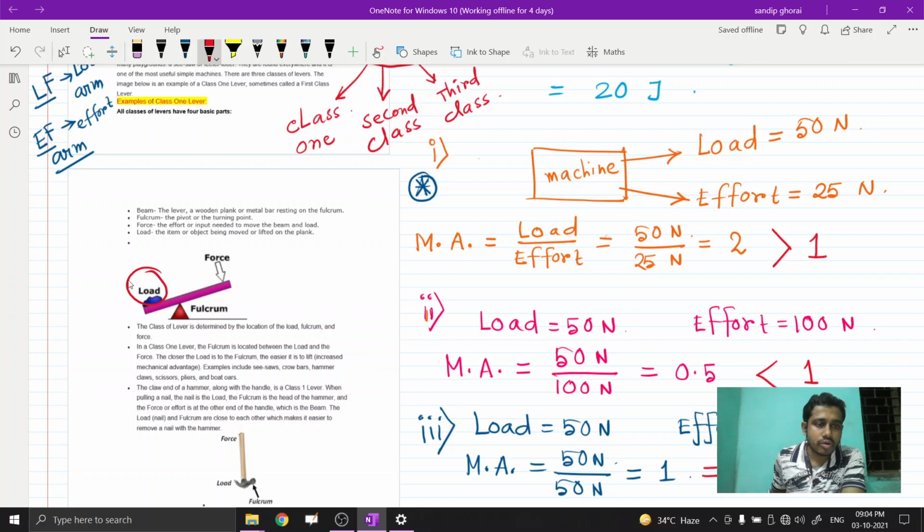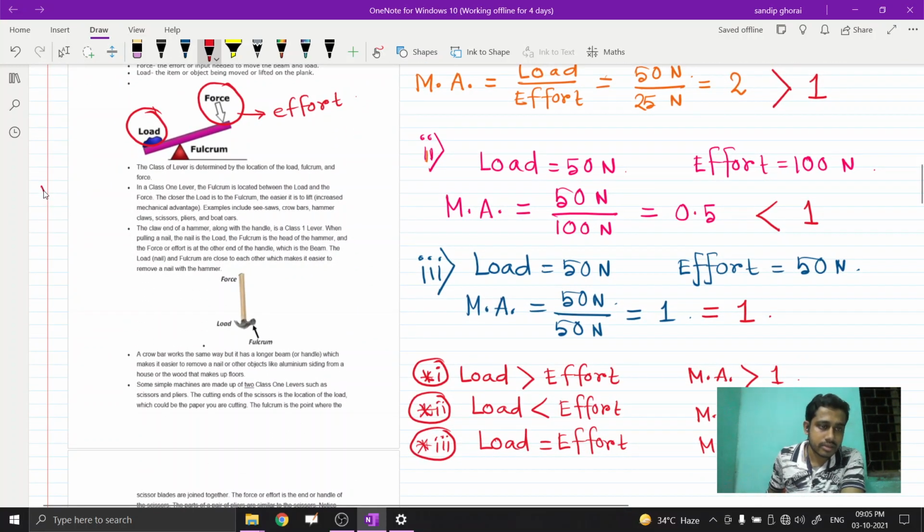Here this is the load, and this is the force applied on the machine, that means the effort. For a first class lever, mechanical advantage can be equal to 1, less than 1, or greater than 1.